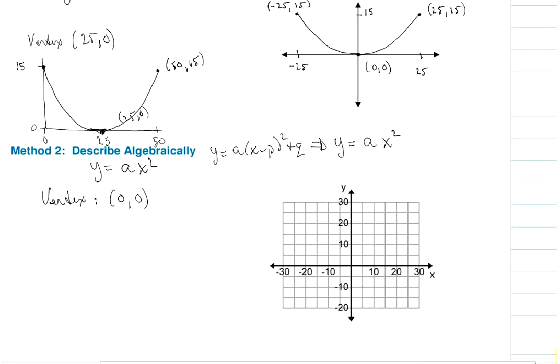Okay, so we're almost done. We pretty much have it. We know it's going to be in this form. All we really need to do is find out what a is. There's a couple of ways you can do it. You can use your rise over run squared.